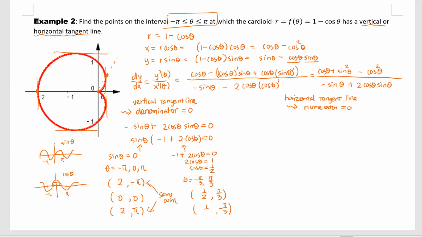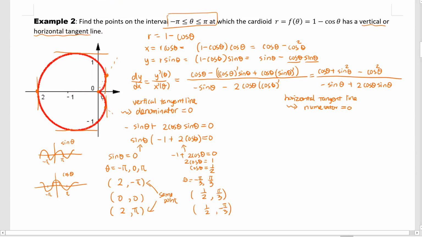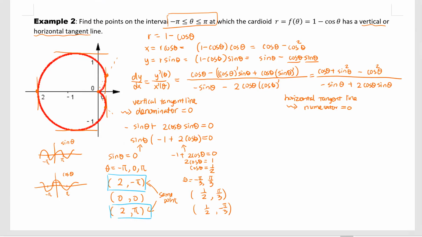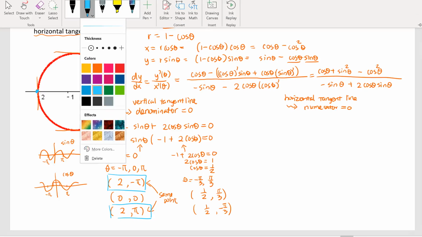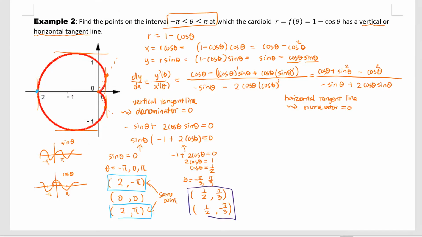So 1 minus 1/2 is also 1/2. So that corresponds to this point. Let me use more colors so you can see the difference. Okay, so this guy and this guy, we are at this point. And this guy, they are this point and this point. So far, so good. And the 0, 0 is the origin.